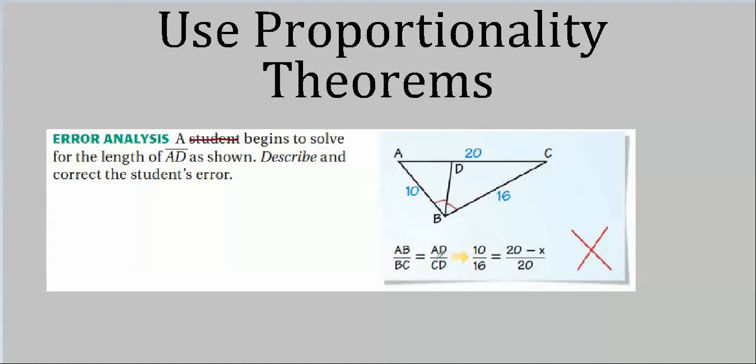AB over BC. So, well, it's got this part right. This looks fine to me. AB over BC is 10 over 16. 20 minus x. Well, I'm not sure where that would have come from. I don't know. If we had the whole thing AC and called that x, then AD would be 20 minus x.